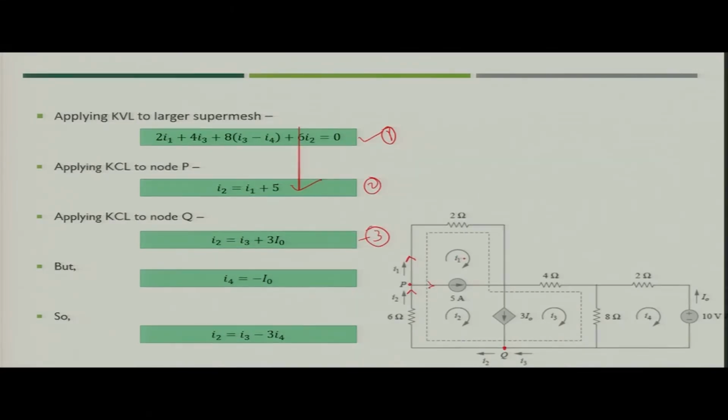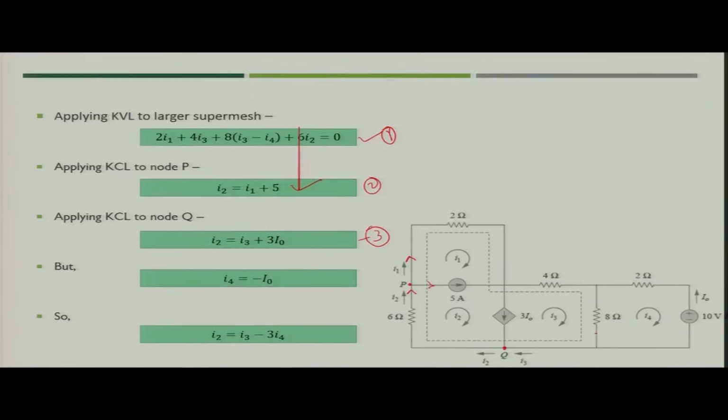Now, how many unknowns are there? The unknowns are 4: I1, I2, I3 and I4. So, where will we get the fourth equation? The fourth equation we will get by writing the equation for this mesh.